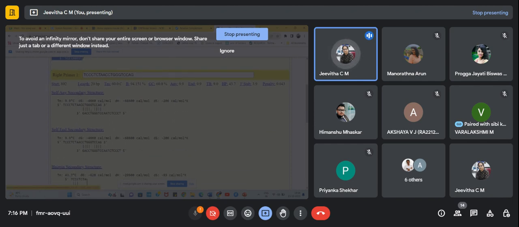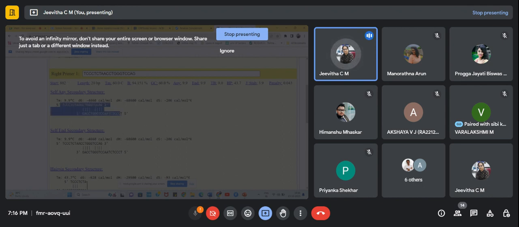Similarly, you can see the primer dimer. The most important thing is the 3 prime end. When you see this kind of primer dimer, it is very hard to break, because it has almost 8 hydrogen bonds and you need a higher temperature.